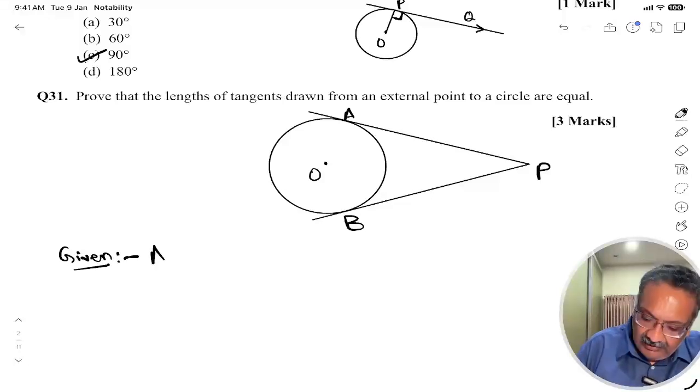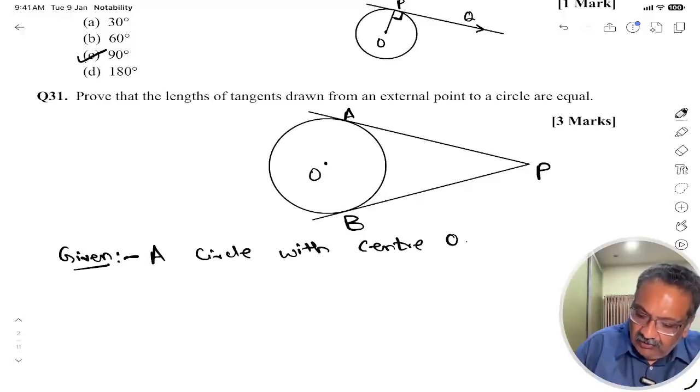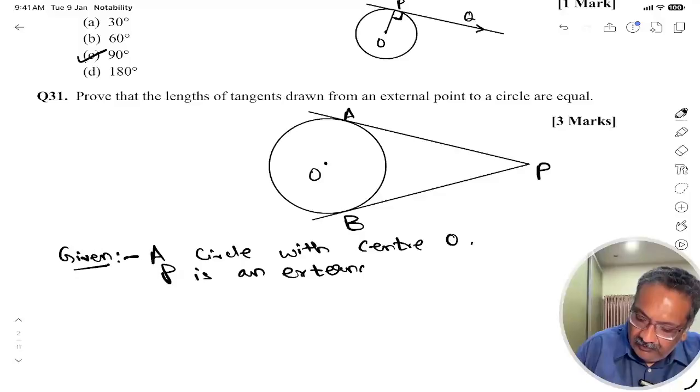Given: we have a circle with center O, and P is an external point.